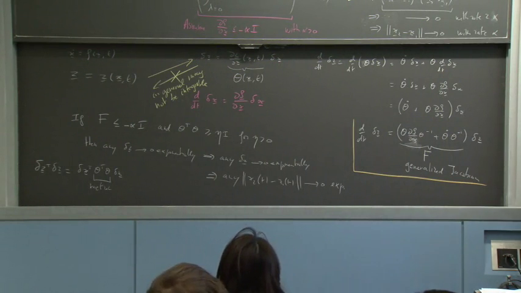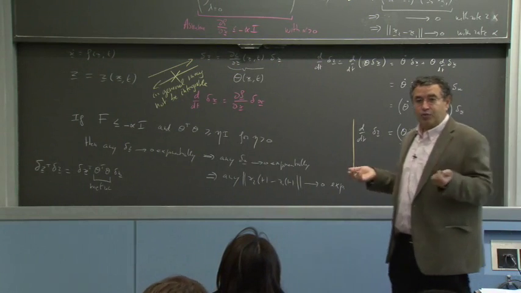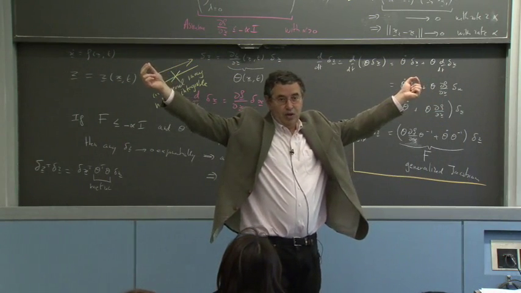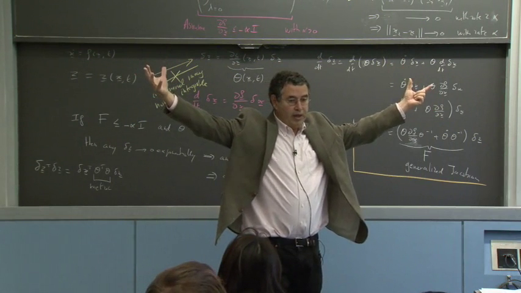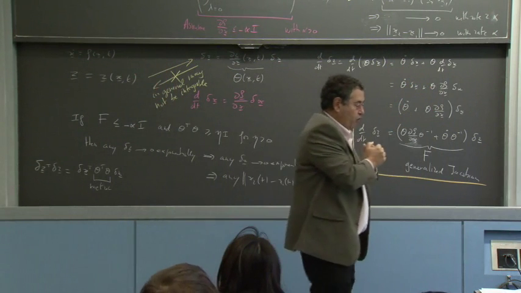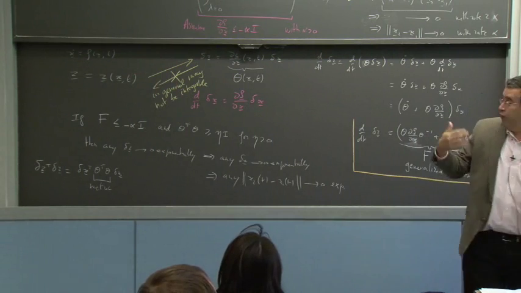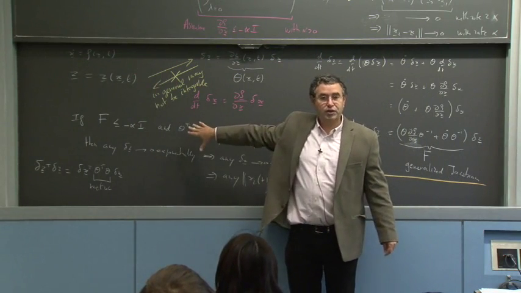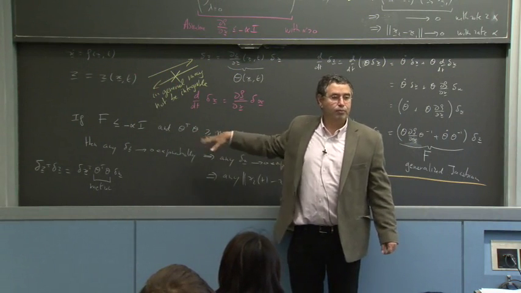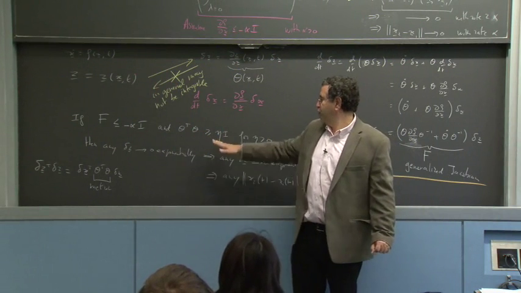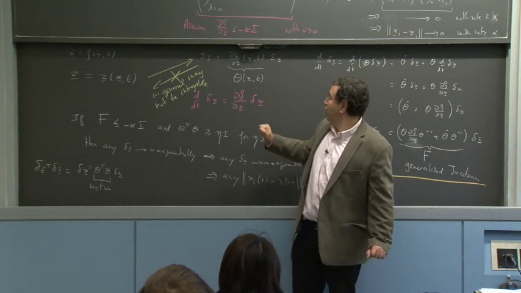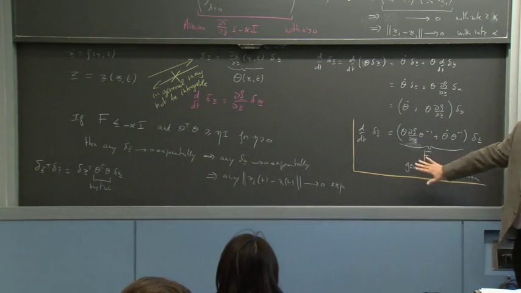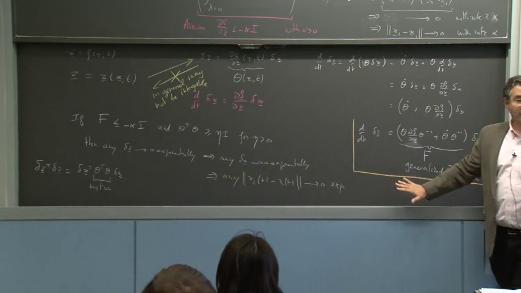In other words, it will be true that any two trajectories will tend to each other exponentially if and only if there exists a transformation theta of xt such that theta transpose theta is uniformly positive definite and the associated generalized Jacobian is uniformly negative definite.